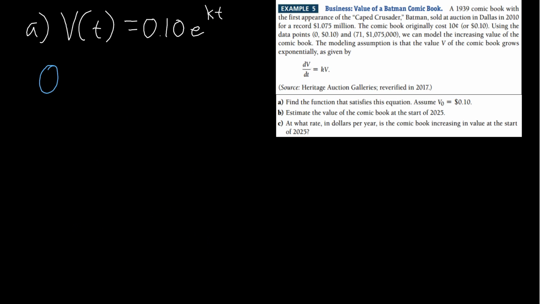0.10. That is what v of t is equal to, and that's equal to 0.10 e to the, we don't know what k is yet, but t is going to be 0, right? Because that is at time 0.